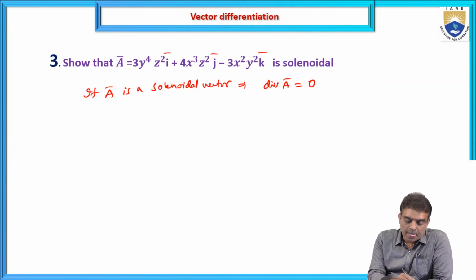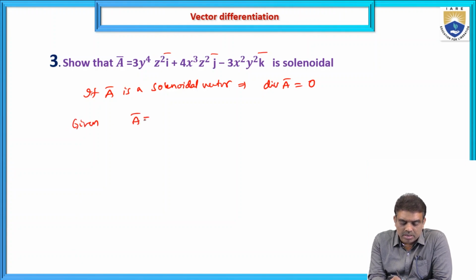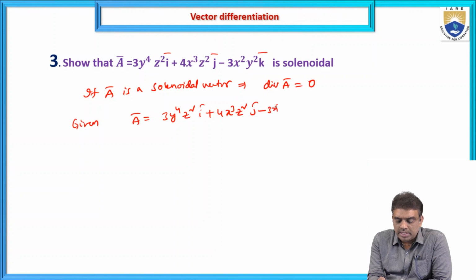So very simple. Given a̅ = 3y⁴z² i̅ + 4x³z² j̅ − 3x²y² k̅, what is div a̅? That is del dot a̅.